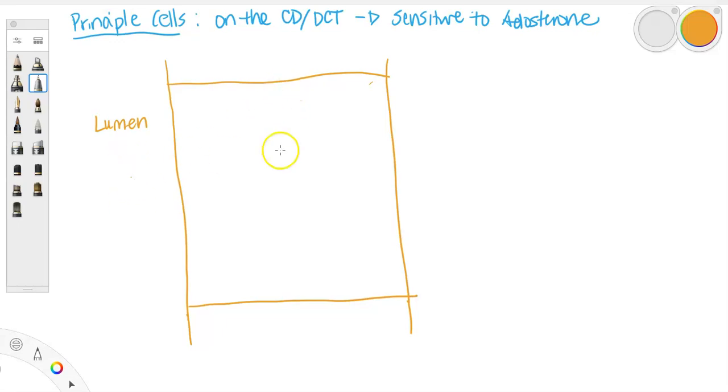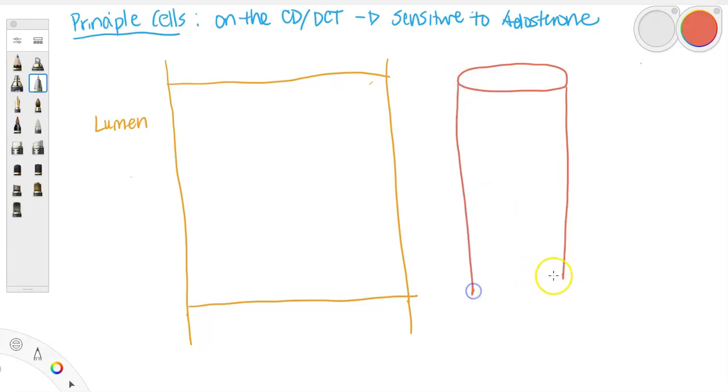So the lumen is here, the collecting duct or the distal convoluted tubule is here, and then over here we have our blood.